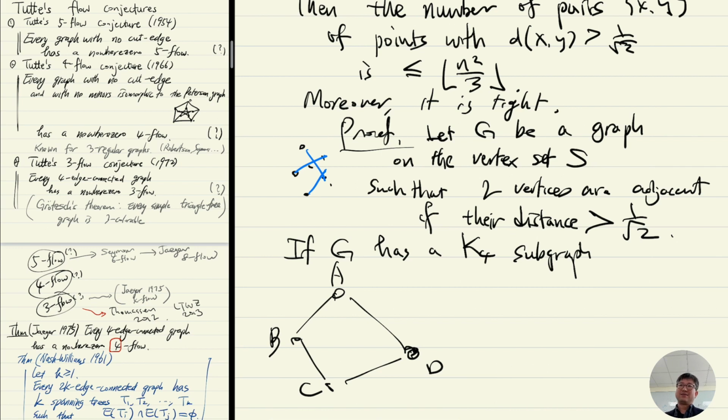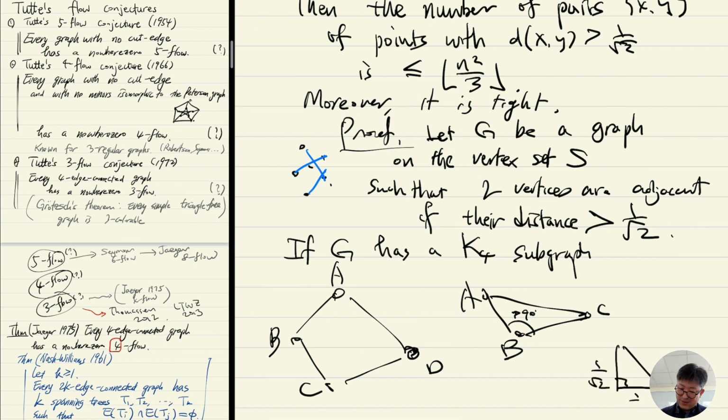All right? The thing is, if I have 3 points A, B, C, and this angle is 90 degrees, with sides 1 over square root 2 and 1 over square root 2, then by the Pythagorean theorem this length is going to be the square root of 1 over 2 plus 1 over 2, so this is 1, right?